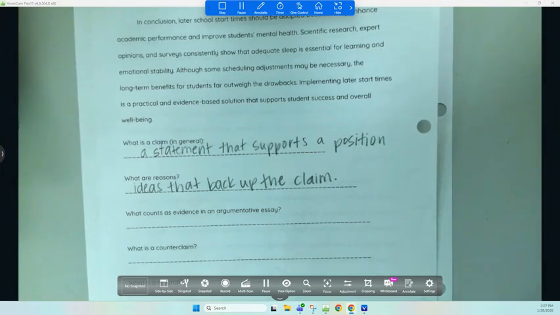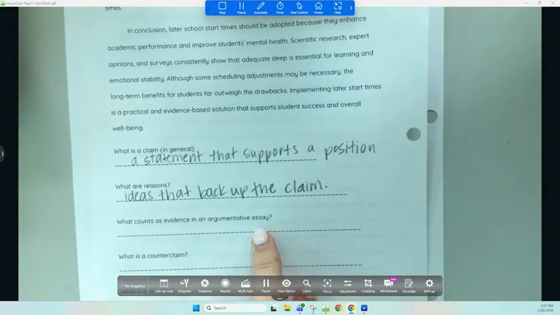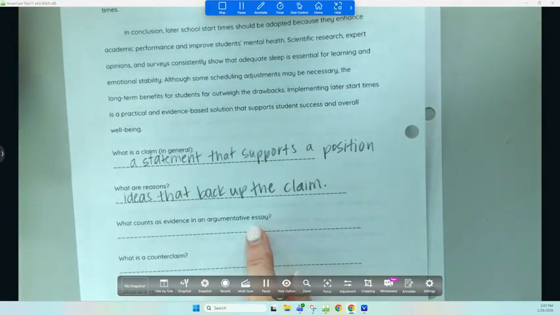Okay, ideas that back up the claim. So for example, homework should be banned because students already have enough stress, period. Okay, and then of course, we would have to have evidence to back up those reasons.